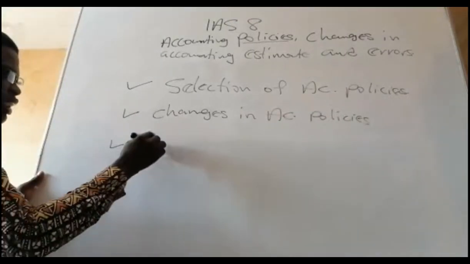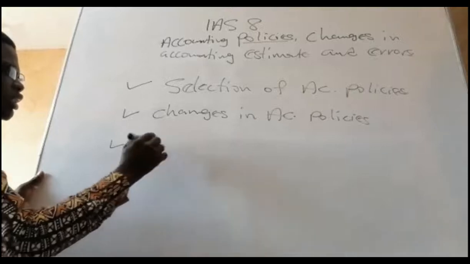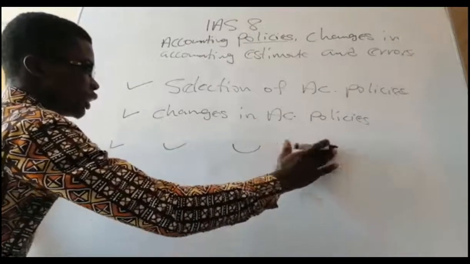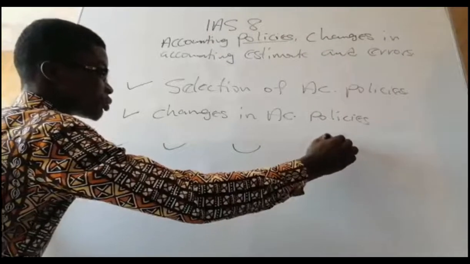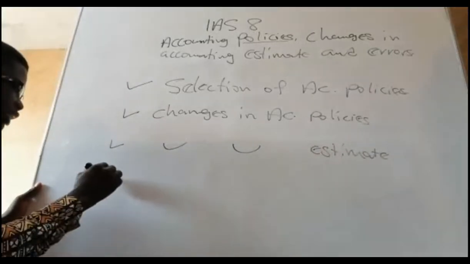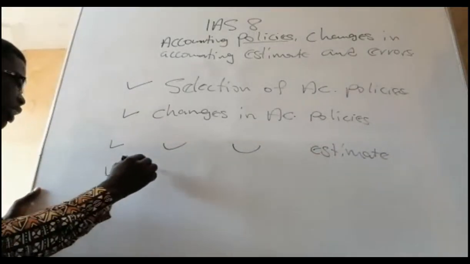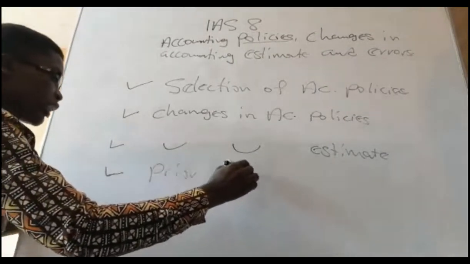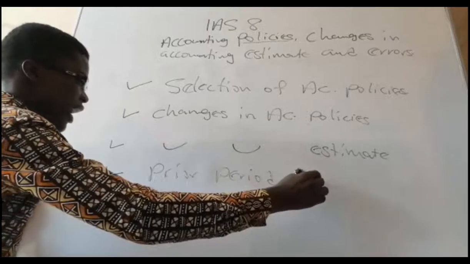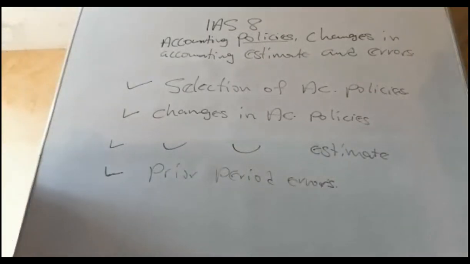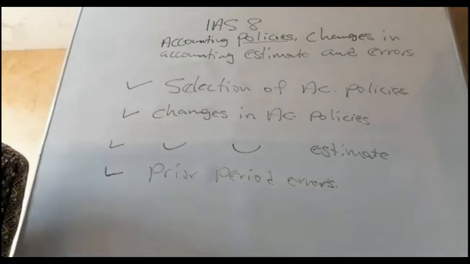Then the next item is changes in accounting estimates. Then finally, correction of prior period errors. So we'll pick each of them and start tackling them.